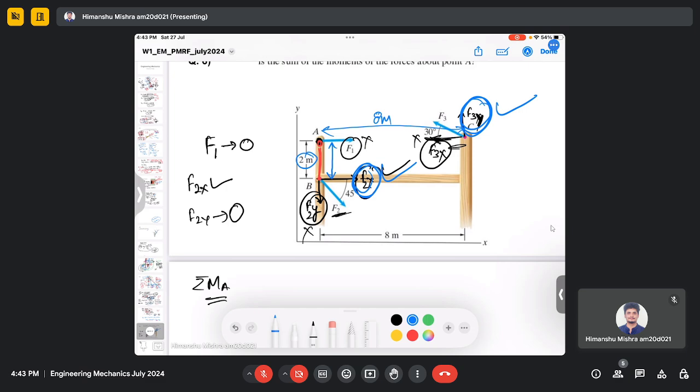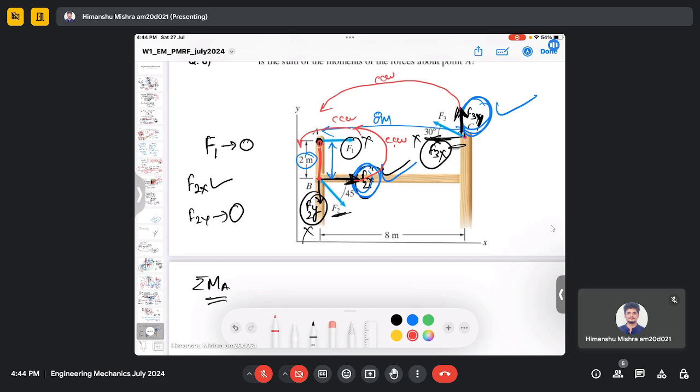The direction of F2x you can visualize. This is the direction of force F2x, and about point O, it will revolve like this, in the counterclockwise direction. Similarly, the direction of F3y is this, and about point O, it will again revolve in the counterclockwise direction.